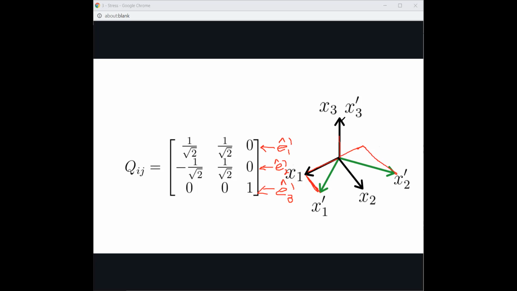And this one, since parehas pa rin yung direction, then it's just 0, 0, 1. Okay, malinaw tayo dito. Nakasunod naman kayo? Sige. Malinaw ha? I'll proceed.